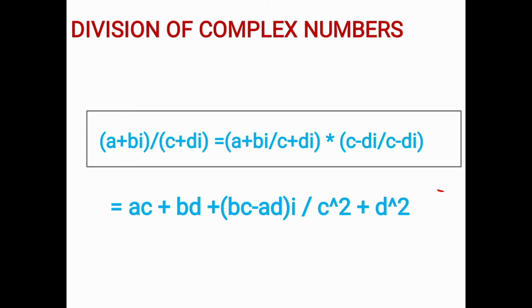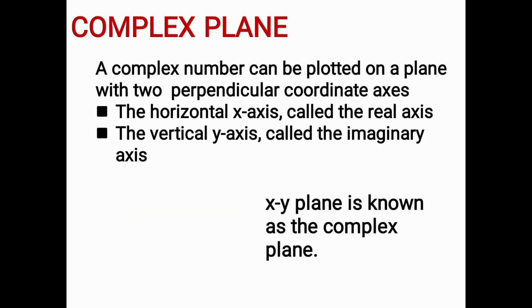That means it is a multiplication of two conjugate complex numbers, which gives c square plus d square. Mathematics will tell in details, and we are able to learn. First, you try to understand the basic formula of multiplication or division.